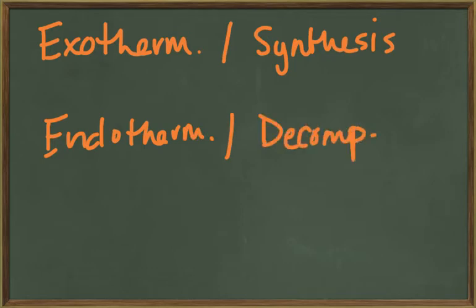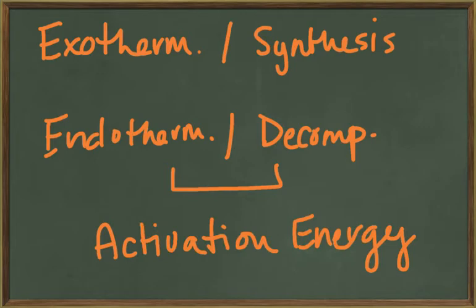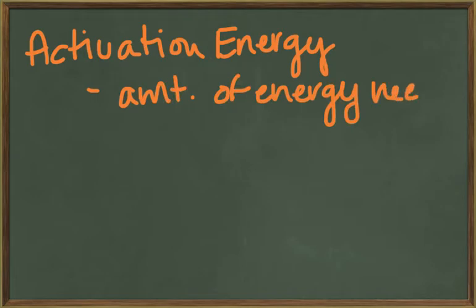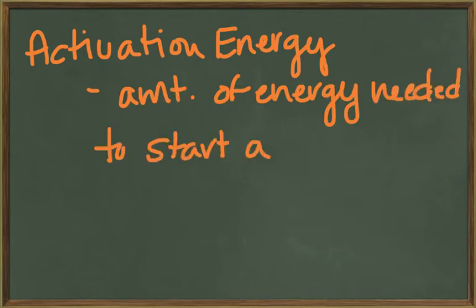Reason being why these two are buddies is because of a very special term, and we call it activation energy. Activation energy is the amount of energy needed to start a reaction.